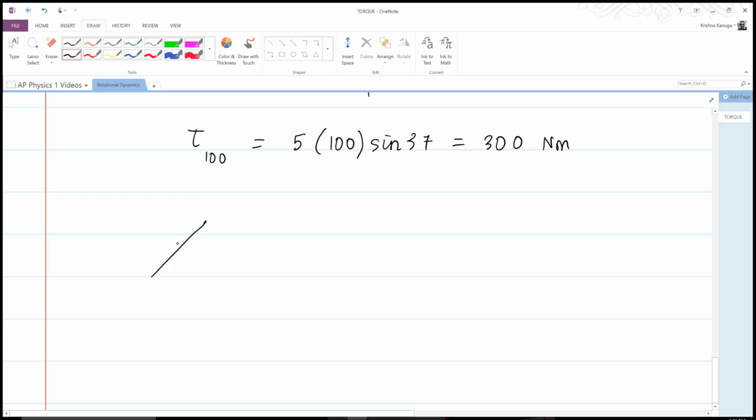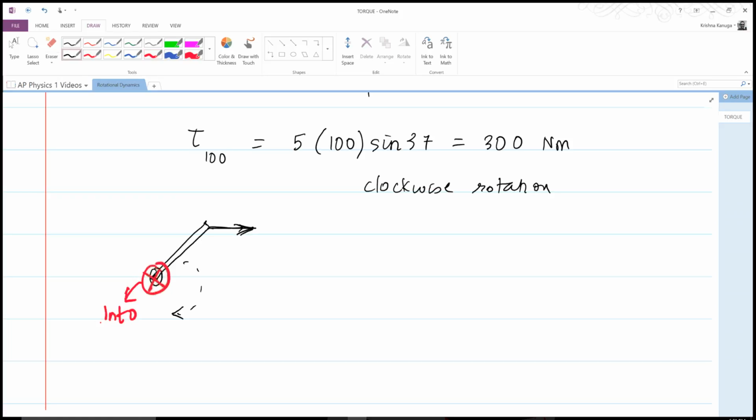This is where the thing is pivoted, and if I exert this force F, it's going to create a clockwise rotation. So the torque is pointing into the plane of the paper. This X is the symbol for into the paper.